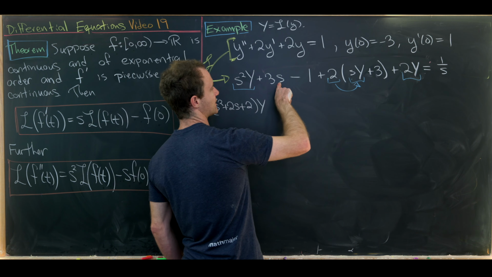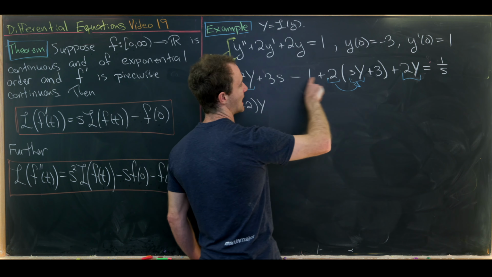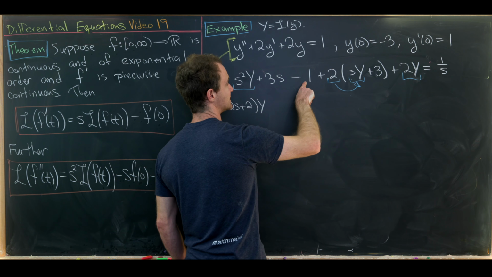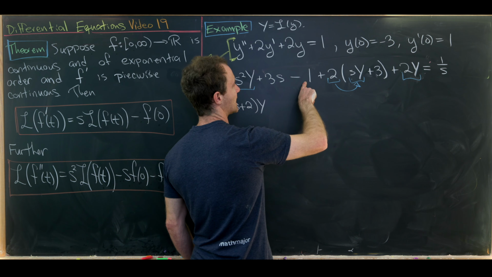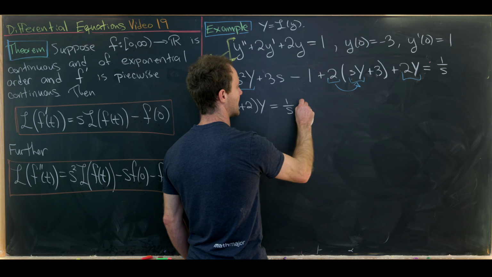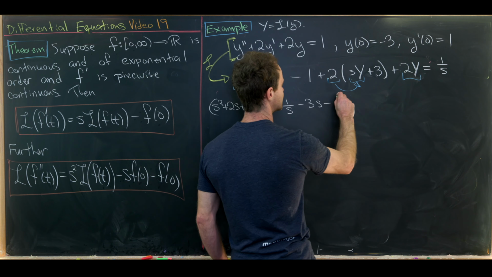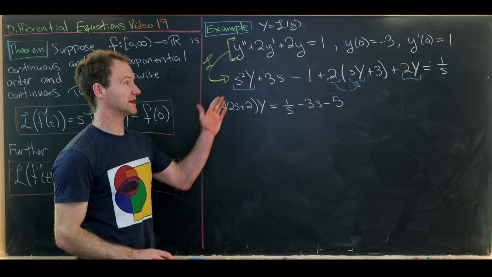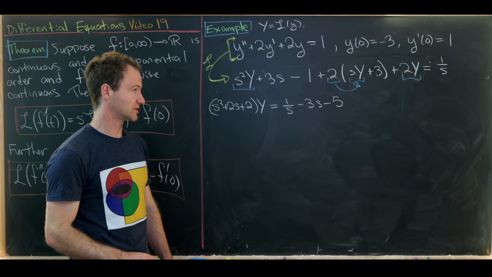Well, I have this plus 3s, and then I have 3 plus 2, which is 5... I can actually move all of that to the other side of the equation, and that'll give me 1 over s minus 3s minus 5. So again, that's from moving that to the other side of the equation.